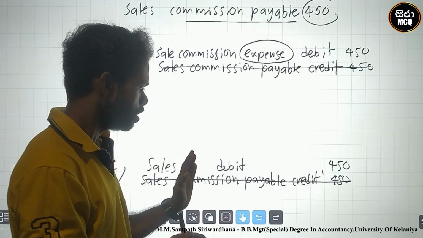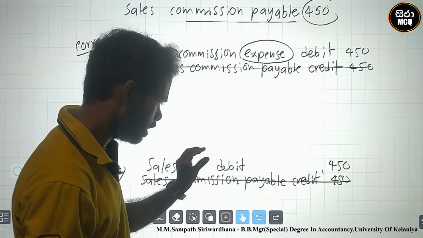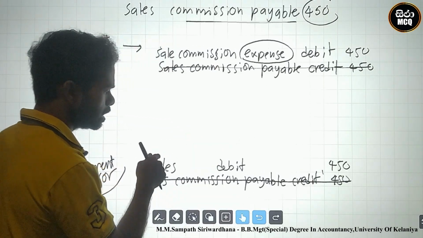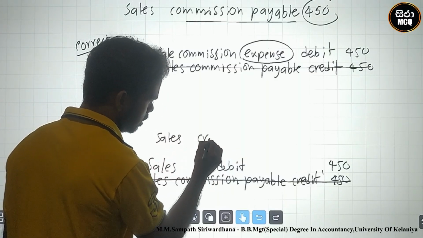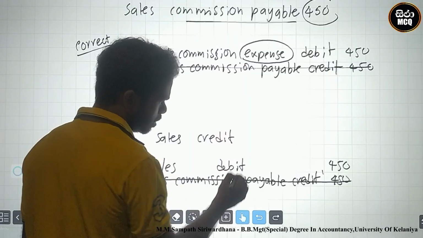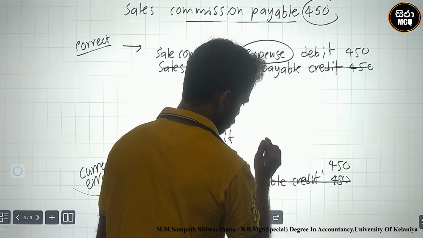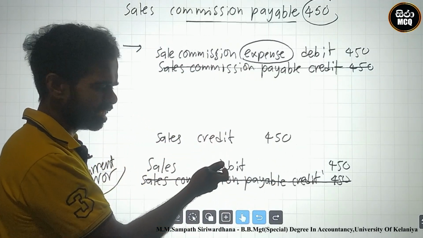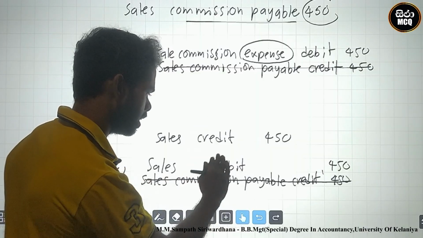To eliminate the currently debited amount, we must use the opposite side. Sales credit 450.